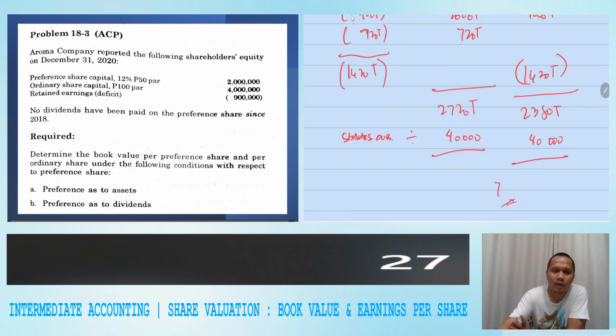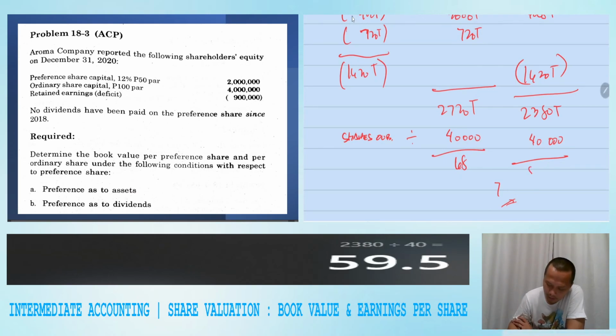So, 2,720,000 divided by 40, 68, and 2,380,000 divided by 40, we have 59.5 book value per share. See? Pag preference as to asset.